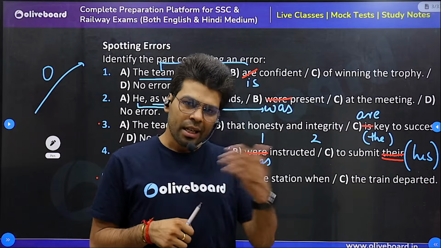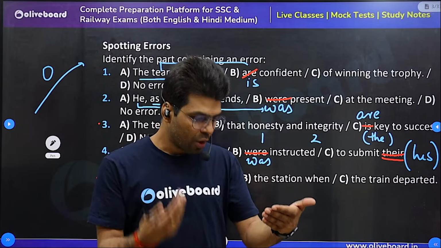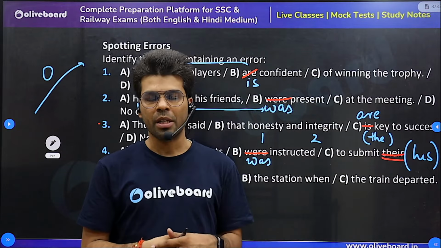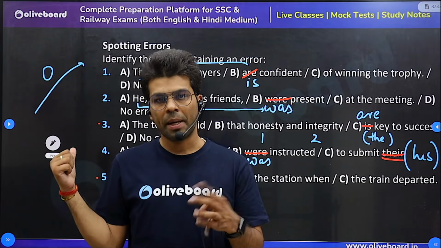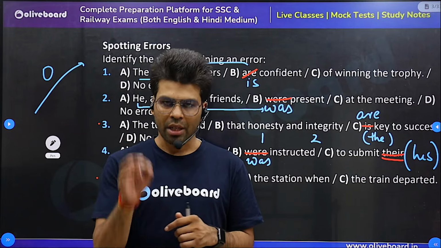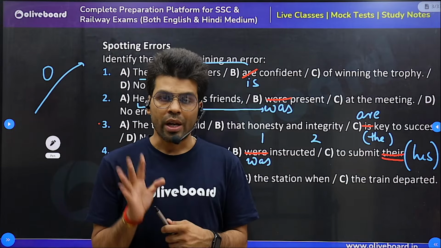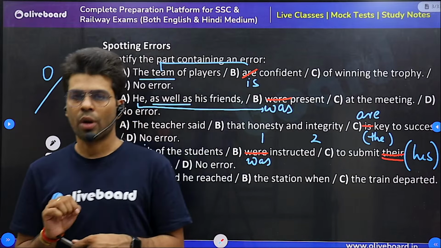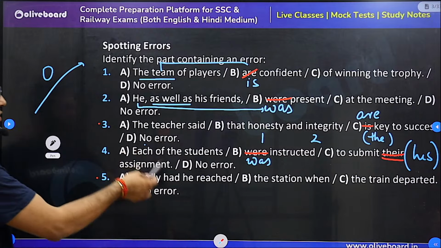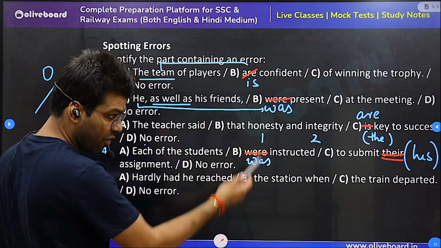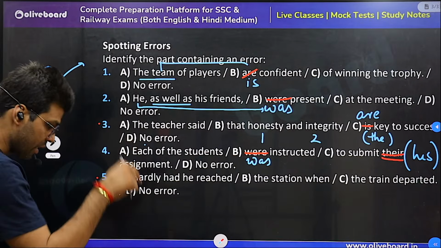American English we see 24/7 on the internet, Meta, Instagram, Facebook, Google, they are all American based companies. So that may prefer they for indefinite pronouns, someone, they, each, they, on Instagram and such. In examinations, be it SSC, bank, or CDS or anything such, they don't allow a plural pronoun there. That's a blunder. Each of them was instructed, not for their, for his instructions. Remember that. Not allowed in formal competitive examinations.